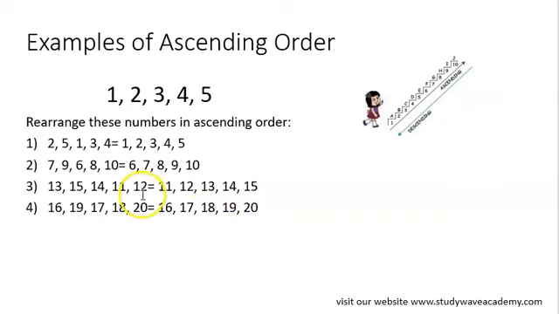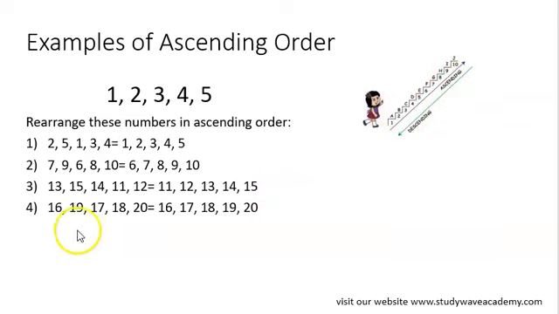We started arranging from 11 because it was the smallest number, and we moved to 15 because 15 was the biggest. So ascending order is from the smallest to the biggest.